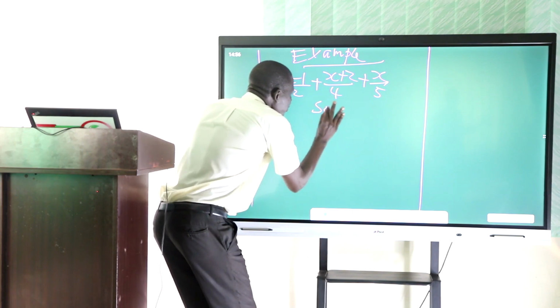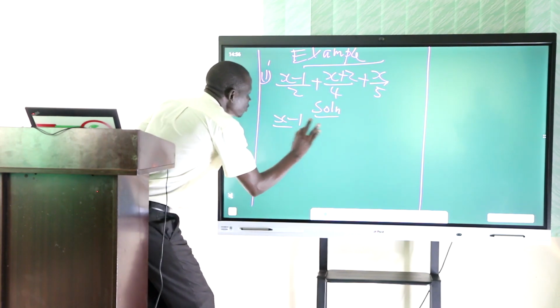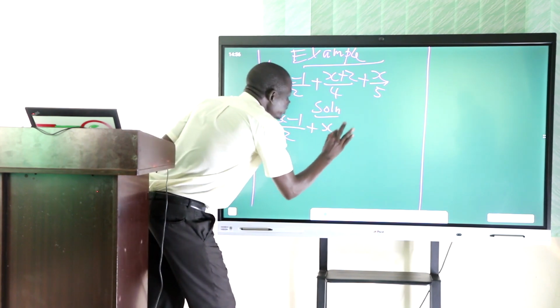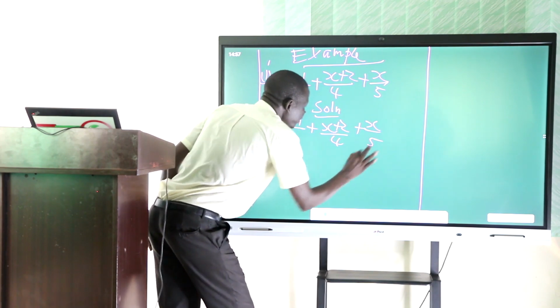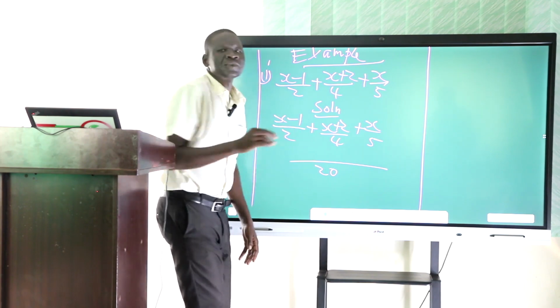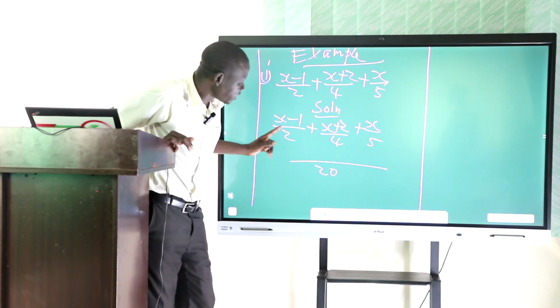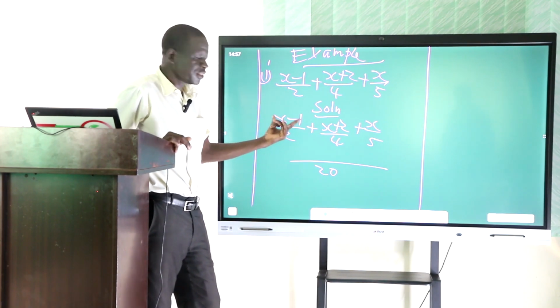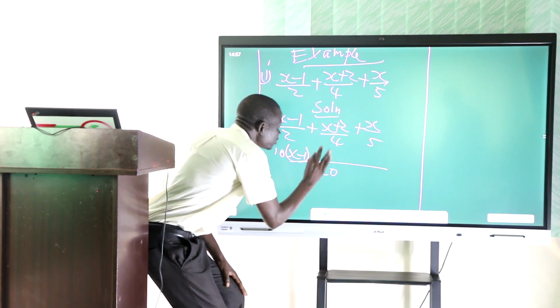So our solution will be (x minus 1) over 2 plus (x plus 2) over 4 plus x over 5, whereby the LCM is 20. So 20 divided by 2, we get 10, and 10 times the whole of this, we get 10 into (x minus 1).